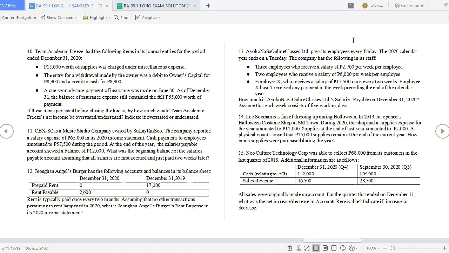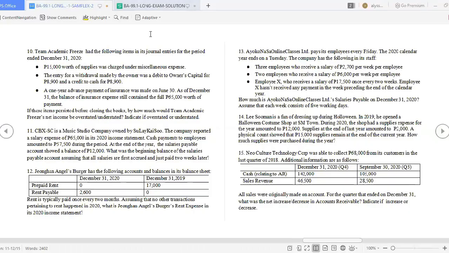And then lastly, employee X receives a salary of 17,500 once every 2 weeks. So the 17,500 consists of 10 working days. So the employee hasn't received any payment in the week preceding the end of the calendar year. So that's surely 5 days we weren't able to pay employee X. And then for the last week of the calendar year, another 2 days for the Monday and Tuesday.